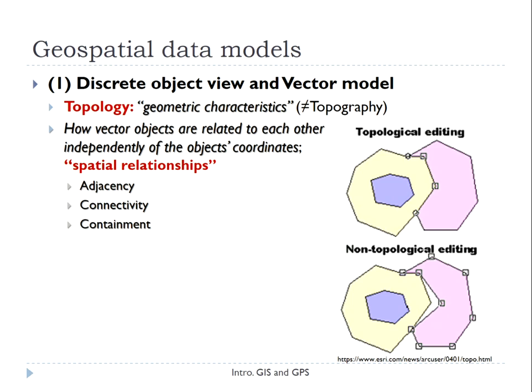Three main characteristics can be mentioned: adjacency, connectivity, and containment, and each represents different types of spatial relationships. Adjacency represents the boundaries and the boundary relationship. Connectivity and containment refer to the position of one polygon compared to another polygon.